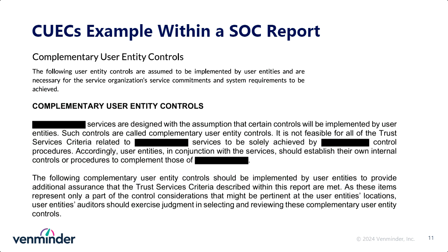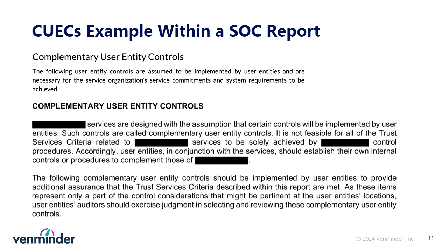So you should always see some language that says complementary user entity controls, and you should always be seeing some narrative that says, hey, the following controls are required, the following controls are necessary, to really make sure that they're defining that they are complementary user entity controls and not something else.